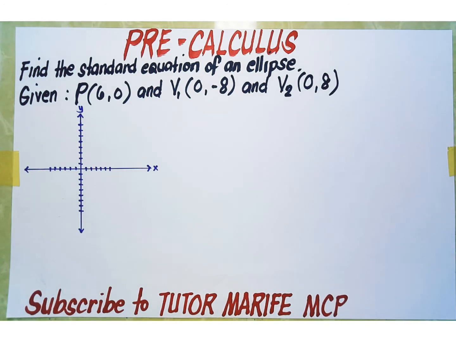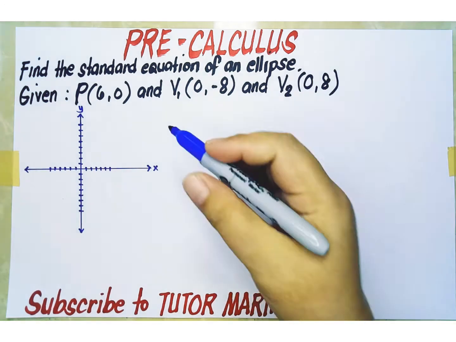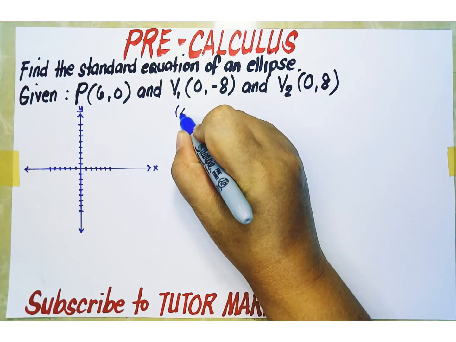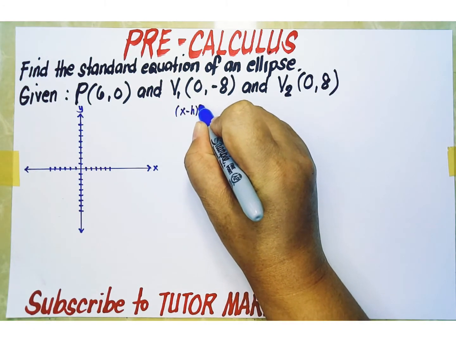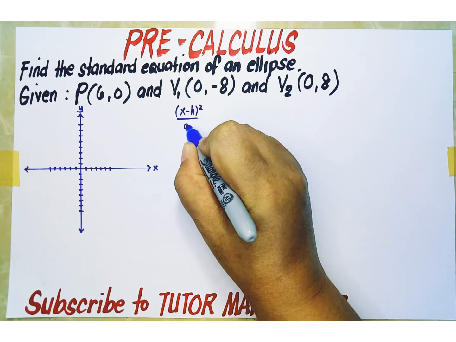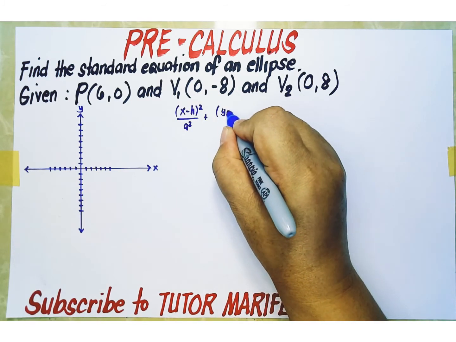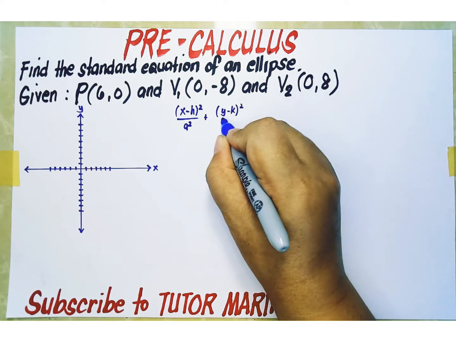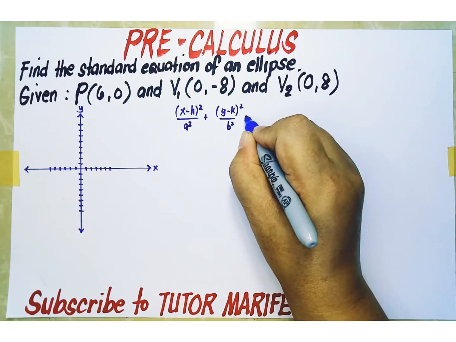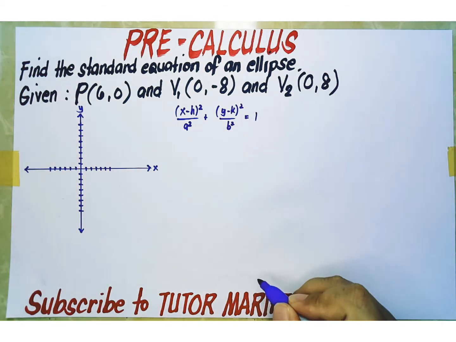First, let's write down the standard equations of an ellipse. We have two standard equations. The first one is (x minus h) squared over a squared plus (y minus k) squared over b squared equal to 1.